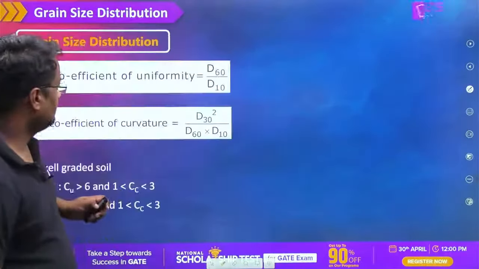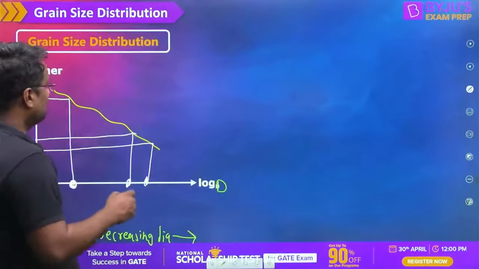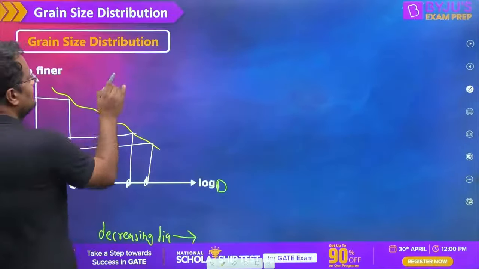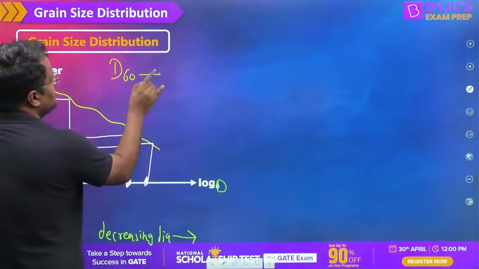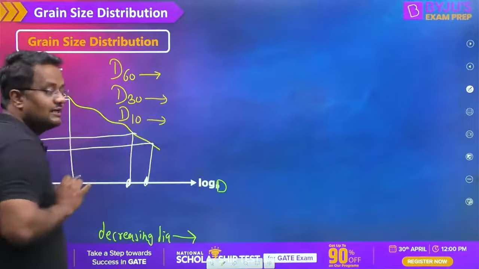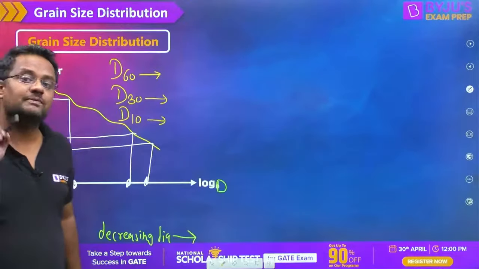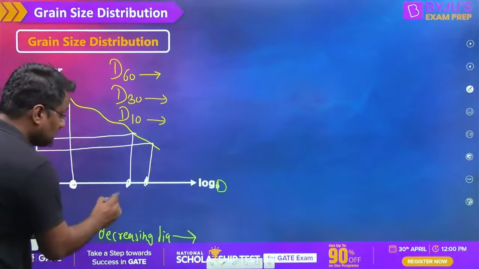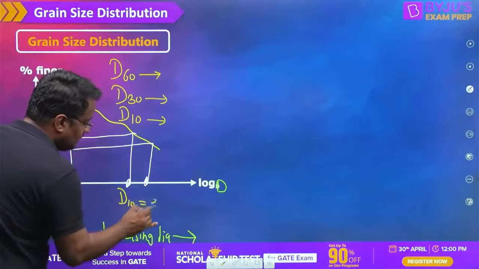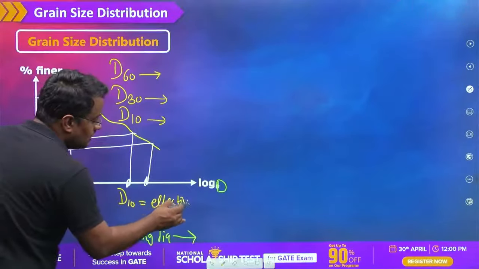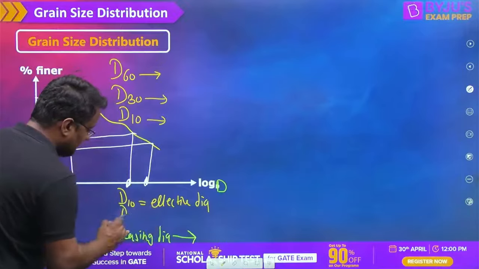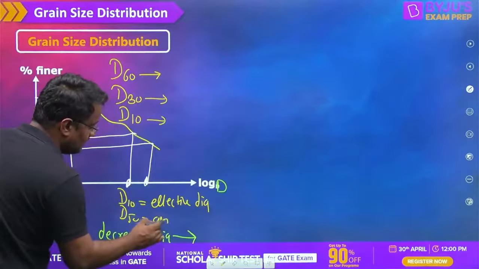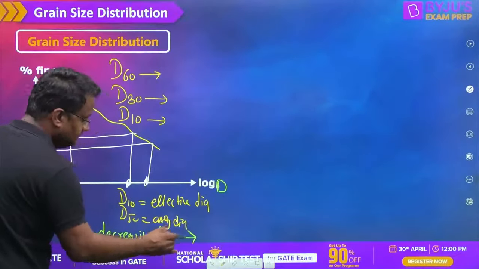Now from here we have D60. D60 means that diameter below which 60% particles are there. D30 means that diameter below which 30% particles are there. D10 is that diameter below which 10% particles are there. D10 is also called effective dia. And D50 is also called average or mean dia.